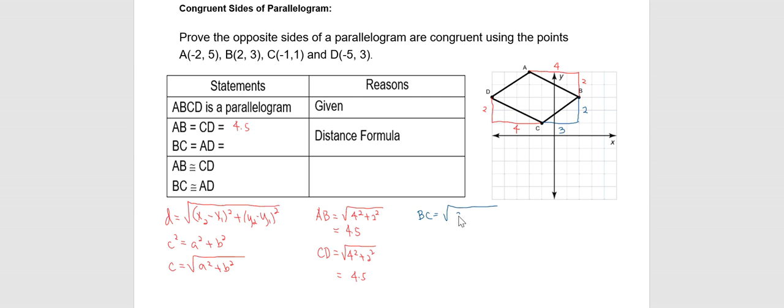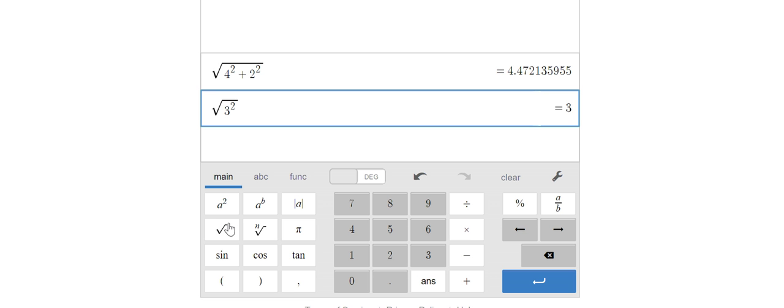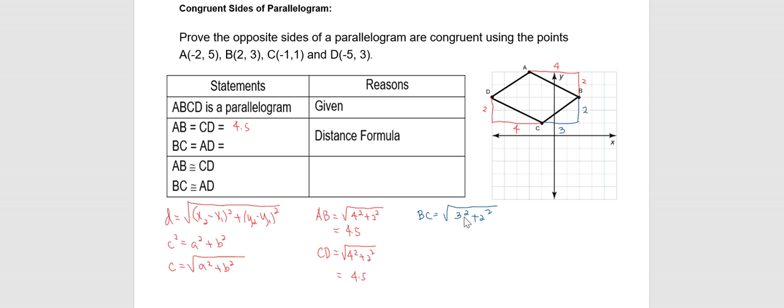This is 3 squared plus 2 squared. That is approximately 3.6.